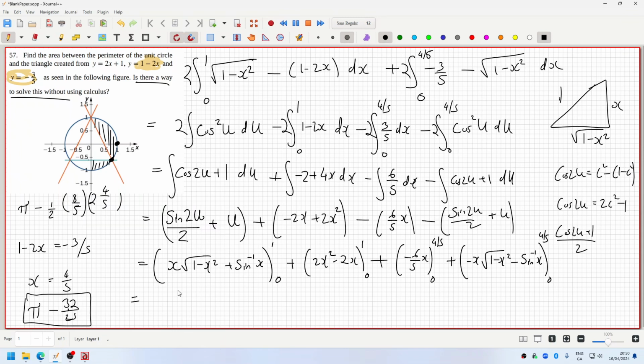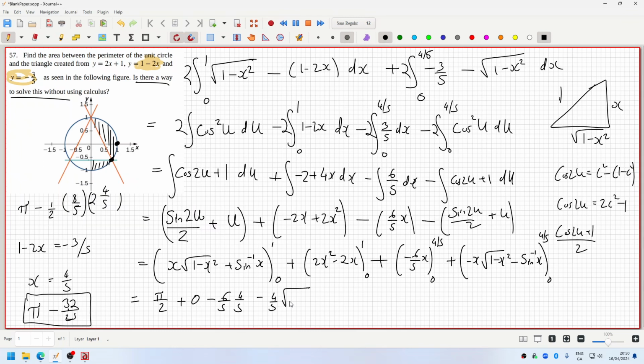Put in 1. That's pi over 2. Put in 1. That's 0. Interesting. Plus 0 minus 6/5 4/5 minus 4/5 root 1 minus 4/5 squared.